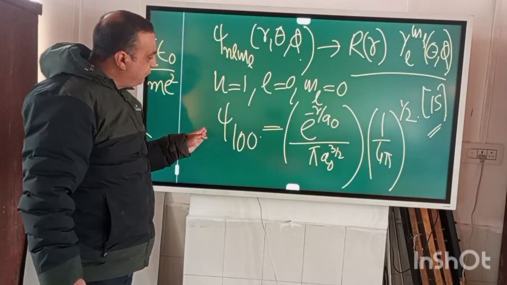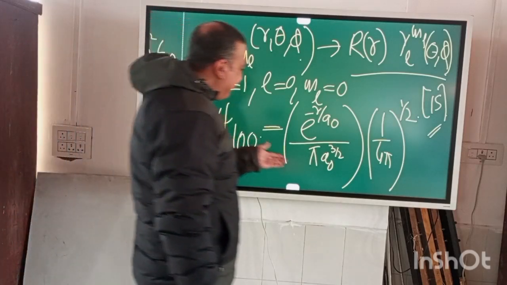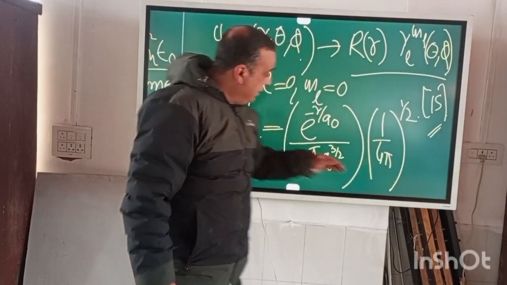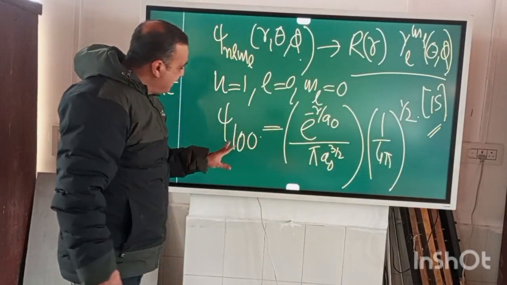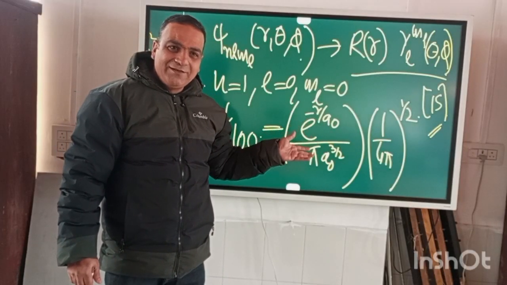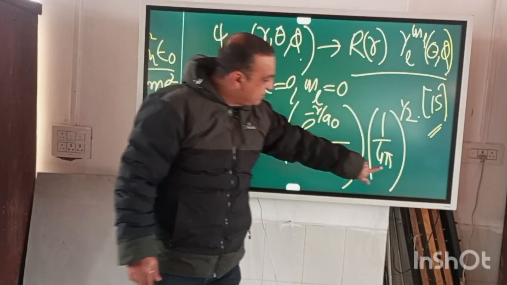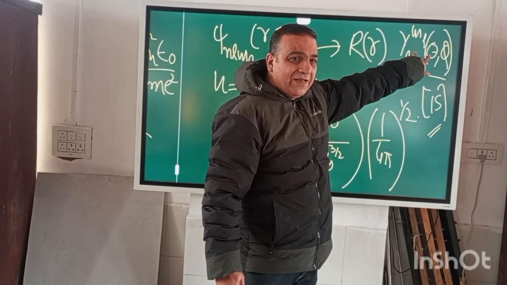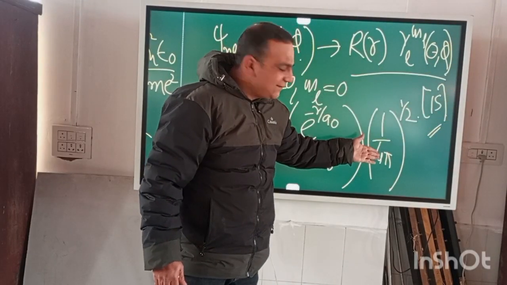We have a wave function for 1s, and I can calculate its probability density, and that will be simply the multiplication. You can see this solution. Do you find any beauty in this equation? This bracketed part is the result of Y, l, m, theta, and phi. And what is it?